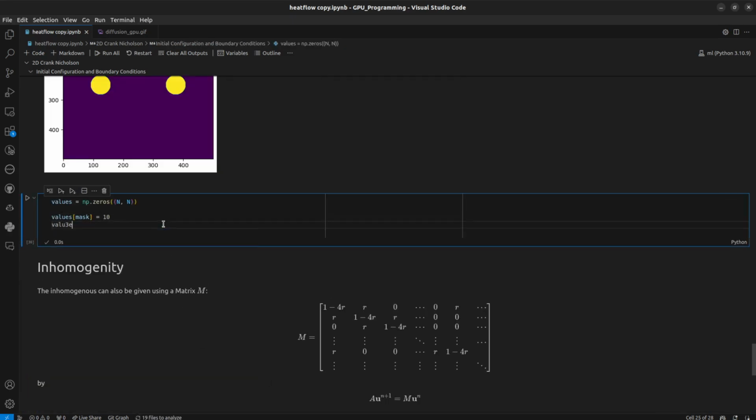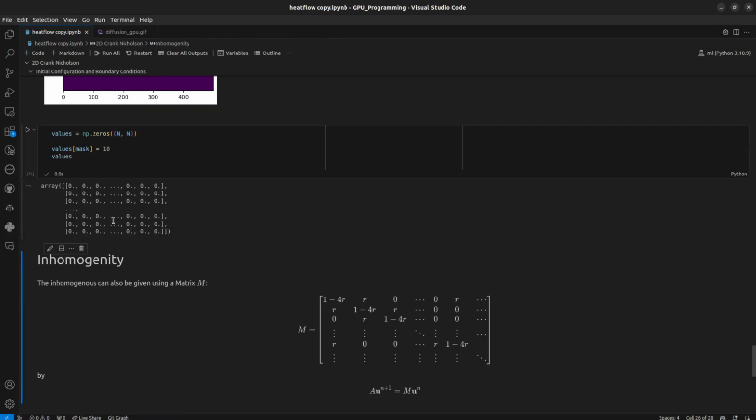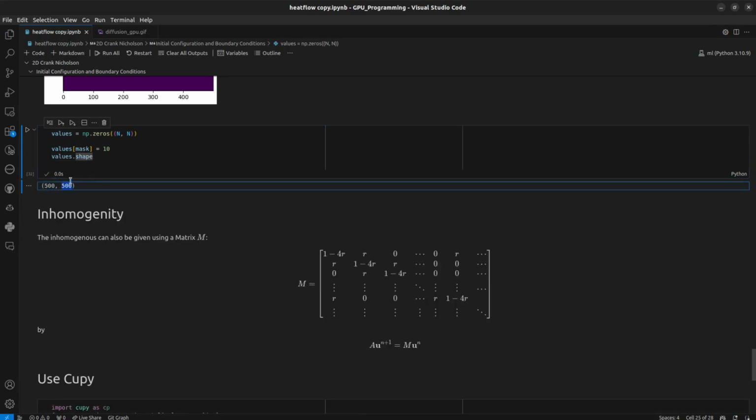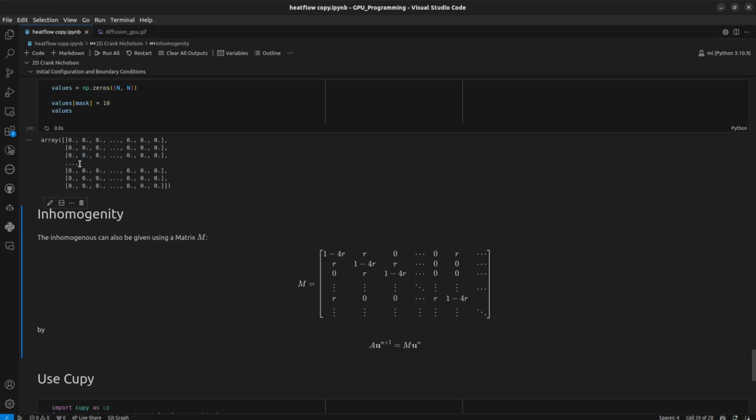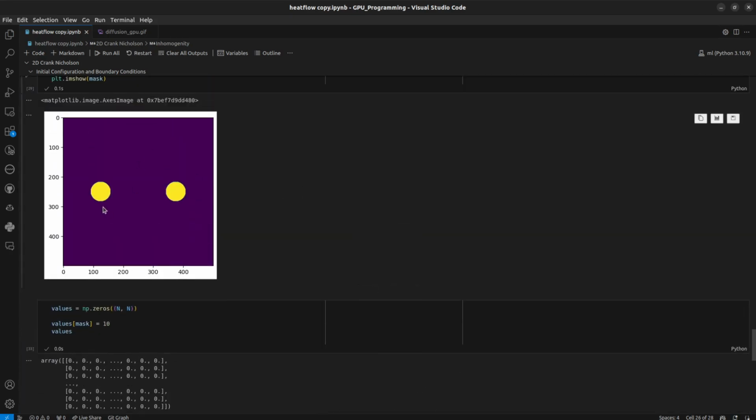So if we have a look at this array, it's going to be a huge array, 500 by 500, and it's obvious that on the 4 edges and 4 corners we're going to have zeros, but in the middle there are these terms we just set to 10.